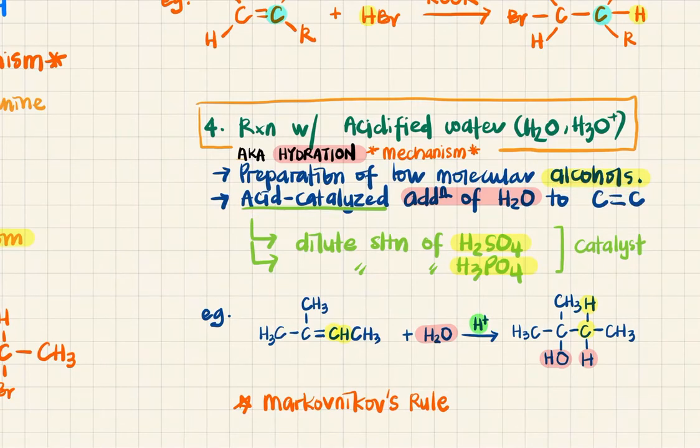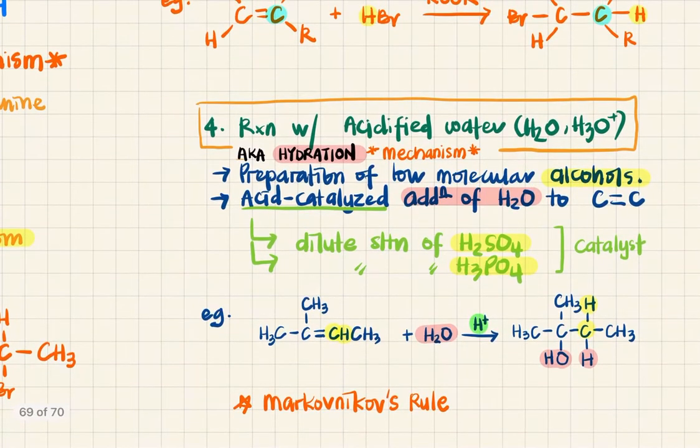So this is an acid catalyzed reaction. That means that awak guna acid as your catalyst. Contohnya H2SO4 or phosphoric acid yang dilute, in order to add your water to your carbon-carbon double bond.